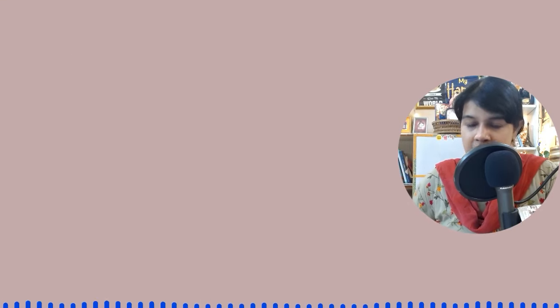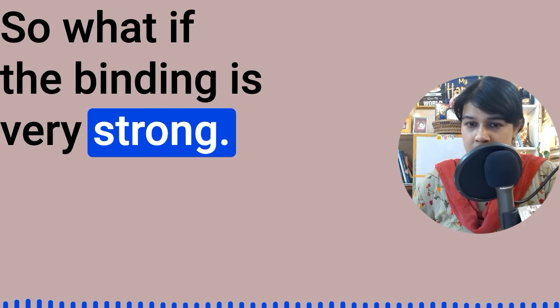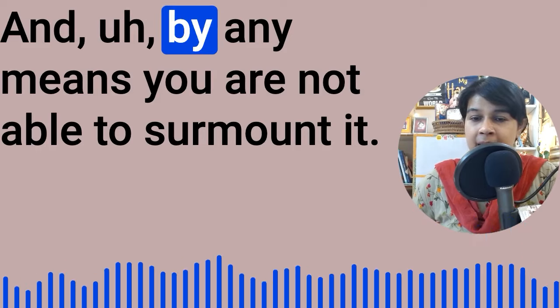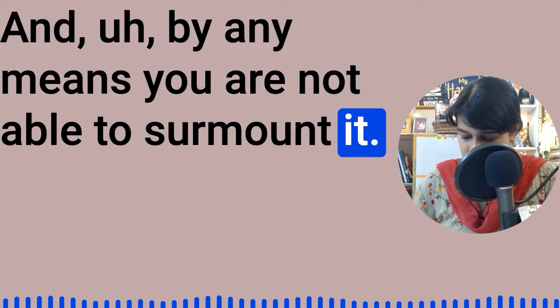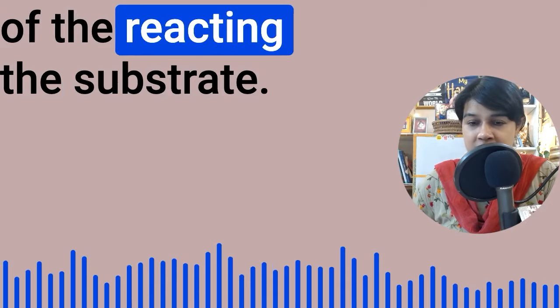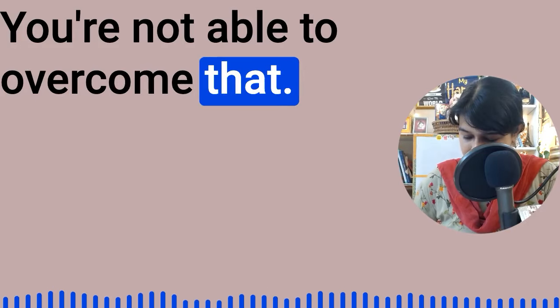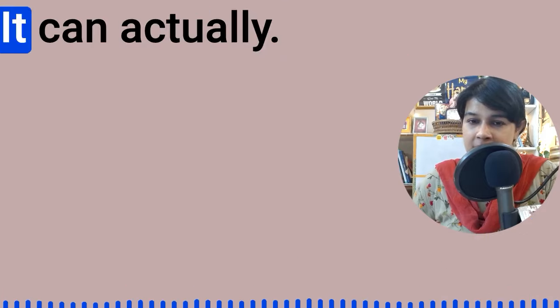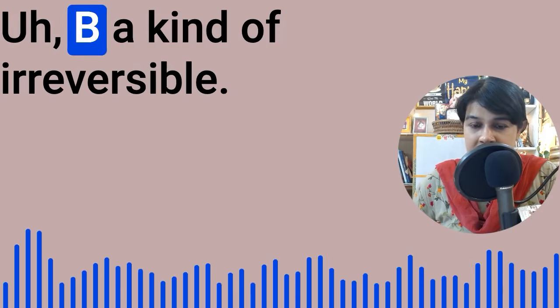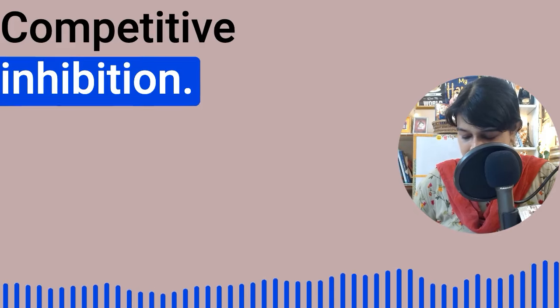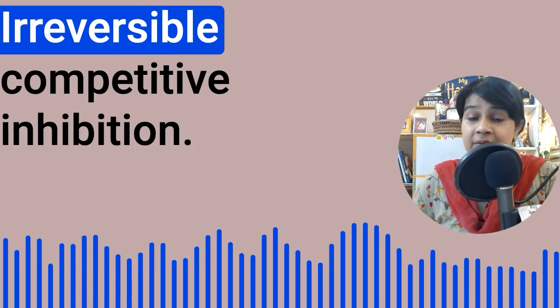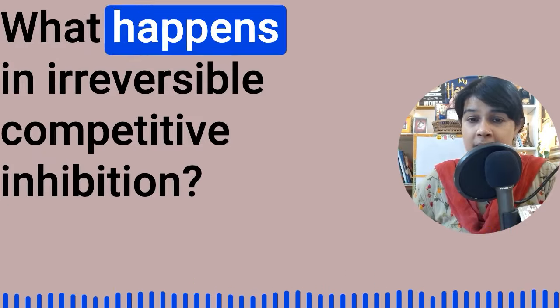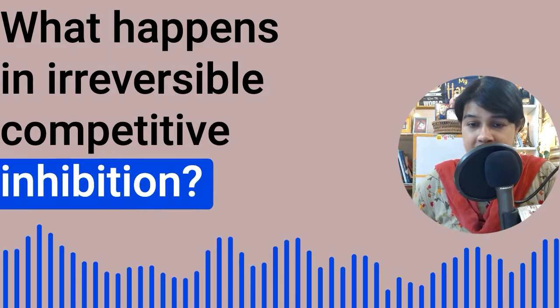Now, suppose the binding is very strong and by any means you are not able to surmount it. Even by increasing the concentration of the substrate, you are not able to overcome it. Then what happens? It can actually be a kind of irreversible competitive inhibition. What happens in irreversible competitive inhibition?